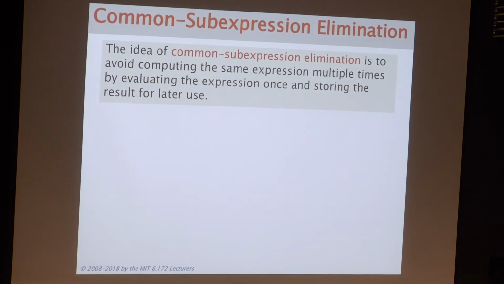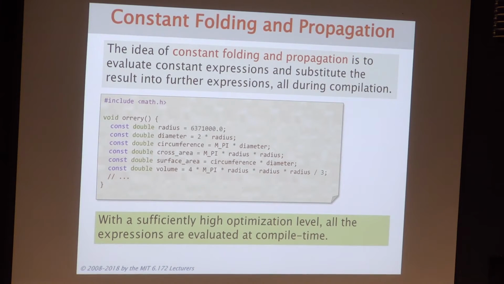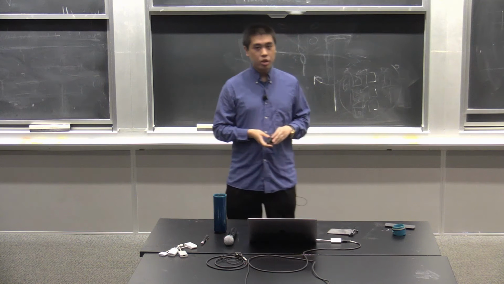So with a sufficiently high level of optimization, the compiler will actually evaluate all of these things at compile time. And that's the idea of constant folding and propagation. It's a good idea to know about this, even though the compiler is still pretty good at doing this, because sometimes the compiler won't do it. And in those cases, you can do it yourself. And you can also figure out whether the compiler is actually doing it when you look at the assembly code.